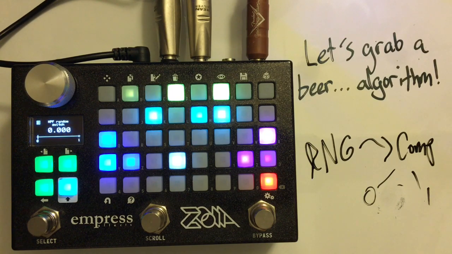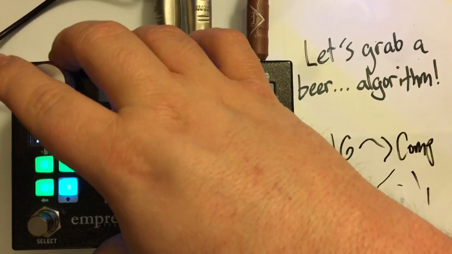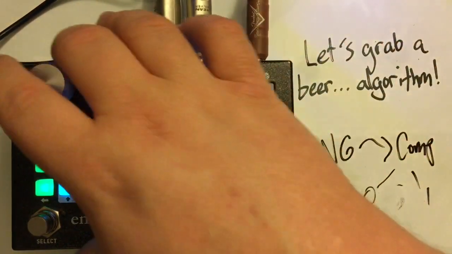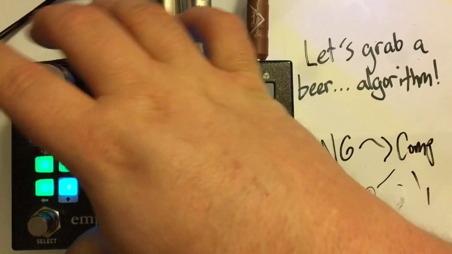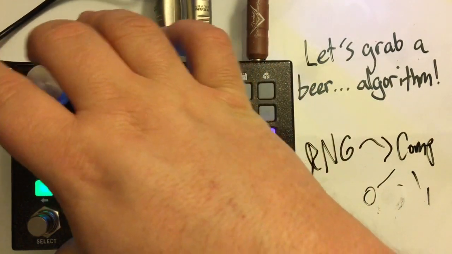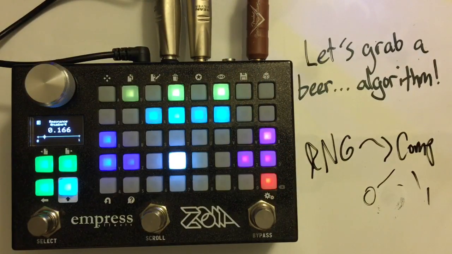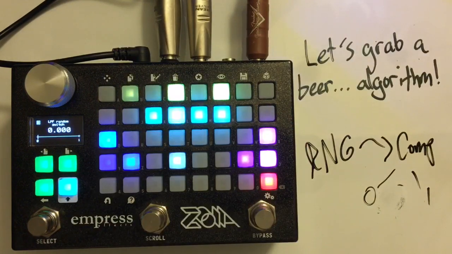And also on a dry signal, I find that when you turn the glide up really high and mess around with the filter settings, you can get these really sort of subtle movements that I think are kind of nice.